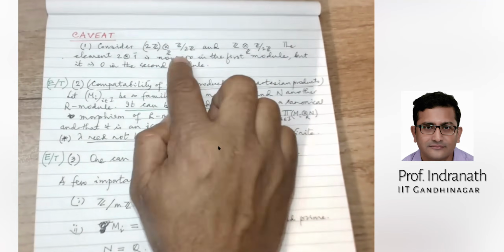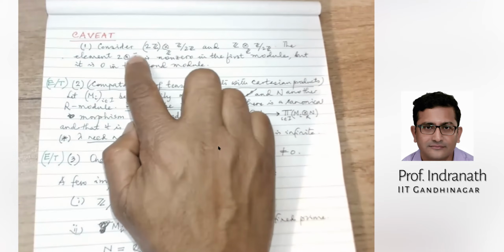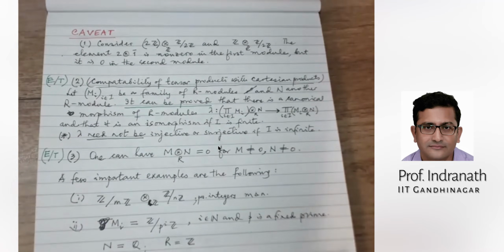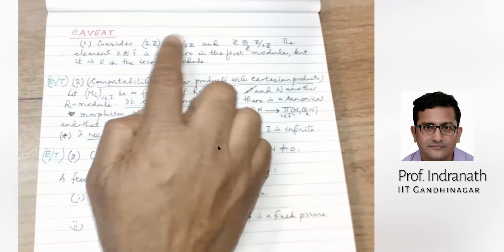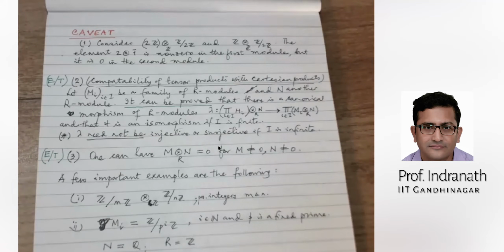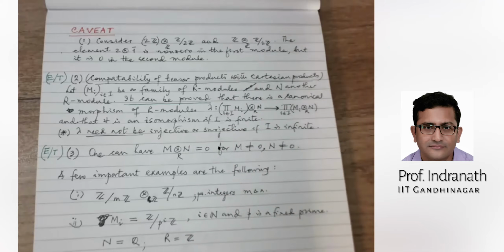On the other hand, this is not the case here; this is a non-zero element. Fine. You will see that this very example gives us the motivation for defining flatness.